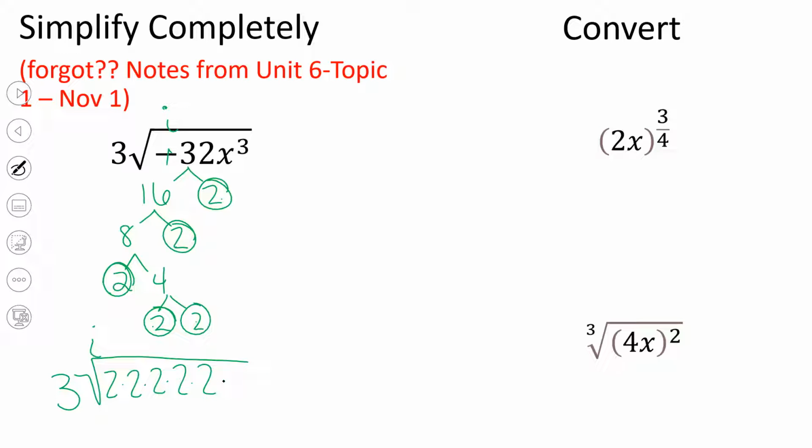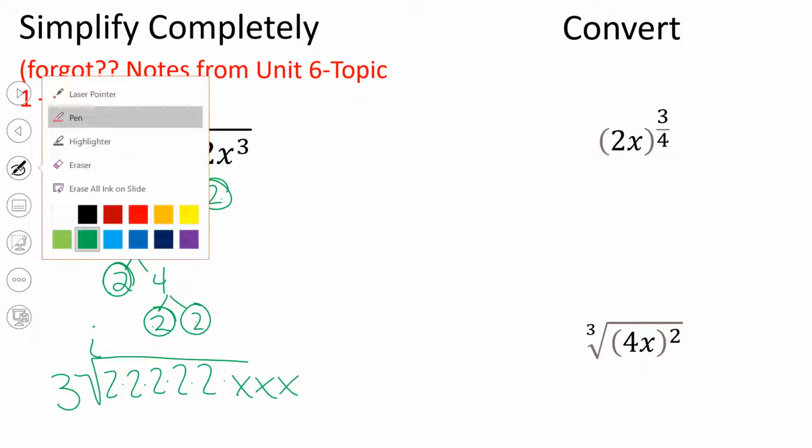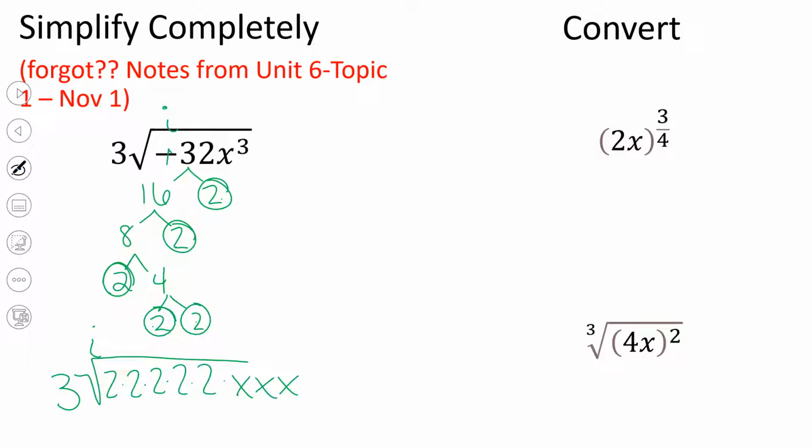So that's 3 x's. Now, since this is a square root, how many numbers have to be the same in order to take them out? A 2. That's also where you're going to need to pay attention in a little bit. Okay. So I have 2 2s. I take it out. 2 2s. I take it out. What else do I have 2 of? The x's. So I take it out.